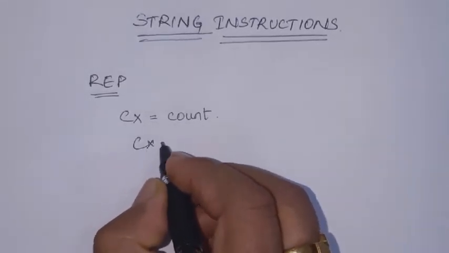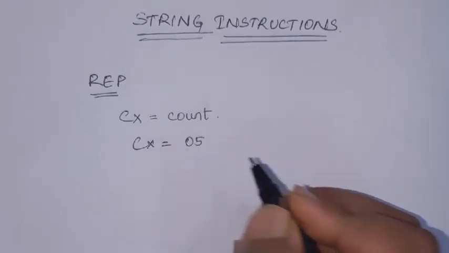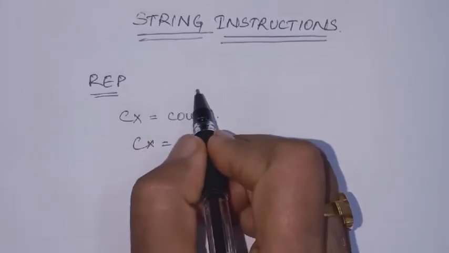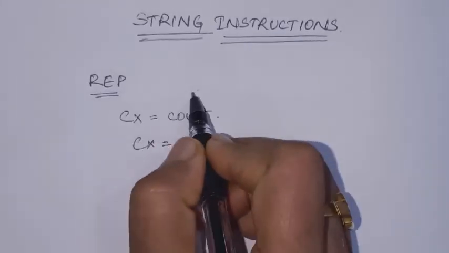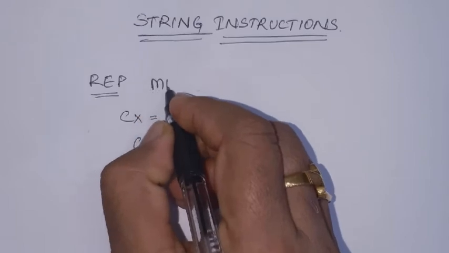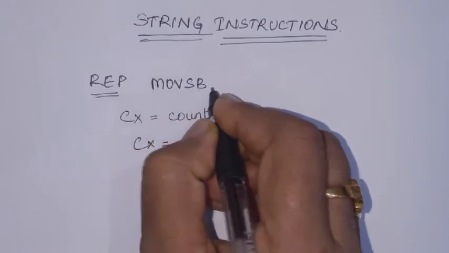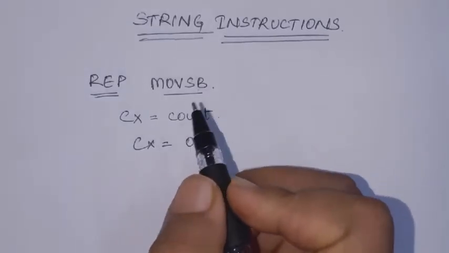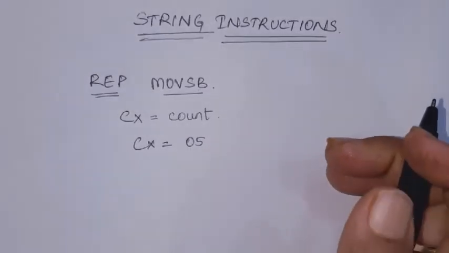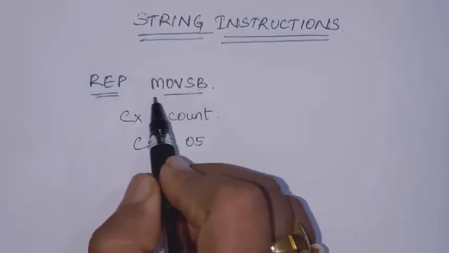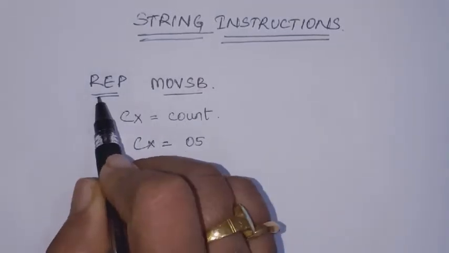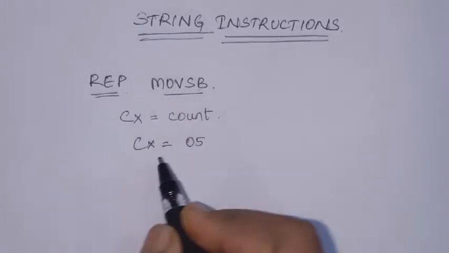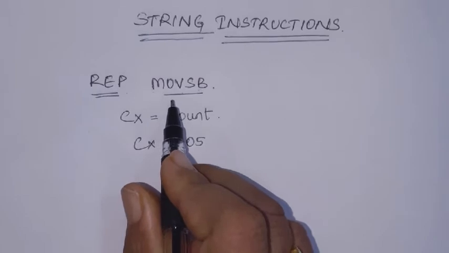Suppose I load the CX register with 05 as a count, and a string instruction is preceded by this repeat prefix, for example MOVSB, move string byte. This is a string instruction used to transfer a byte from one location to another. If this instruction is prefixed with repeat, then it is repeated till the count becomes 0.